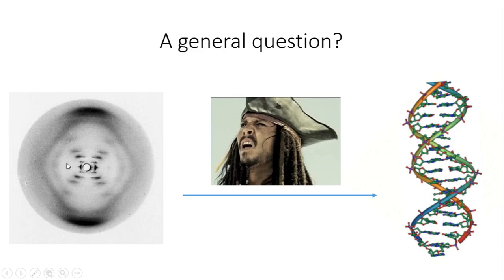In this lecture we would try to fill up this gap as to how we end up with the 3D model if we start out with this diffraction pattern. So we would try to answer this question.